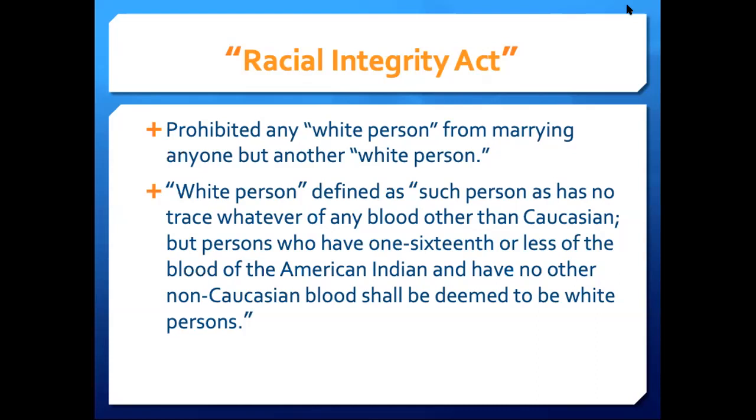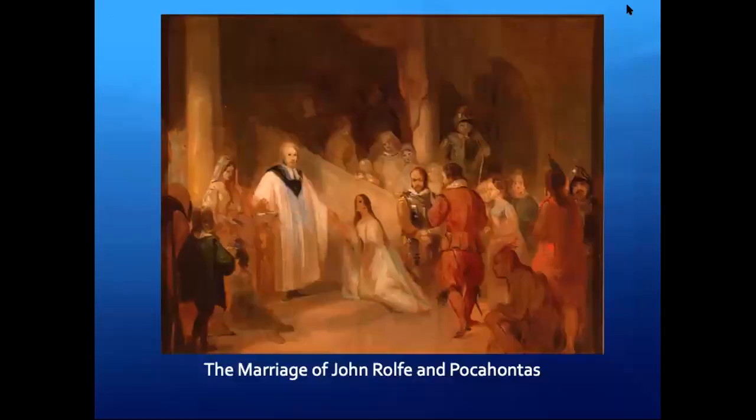And when I looked into it, what I learned was that according to the historical records, this exception for persons with less than 1/16 of the blood of the American Indian was included out of a desire to make sure that all descendants of the marriage of John Rolfe and Pocahontas were recognized as being white persons under the law.